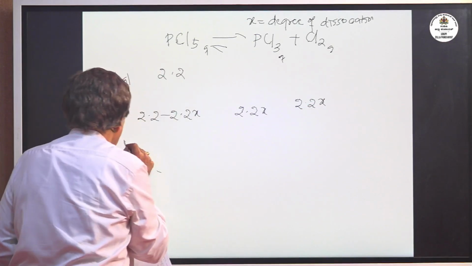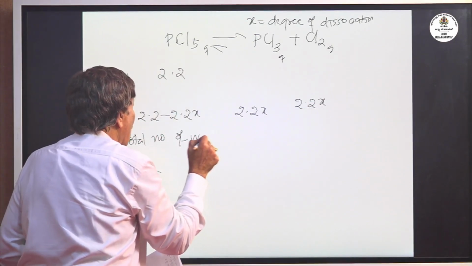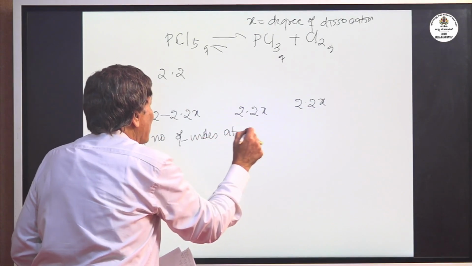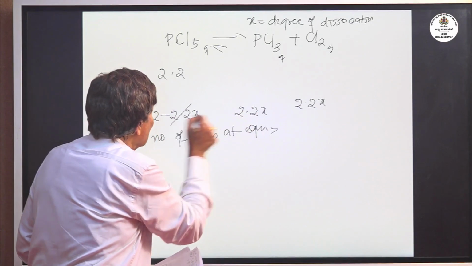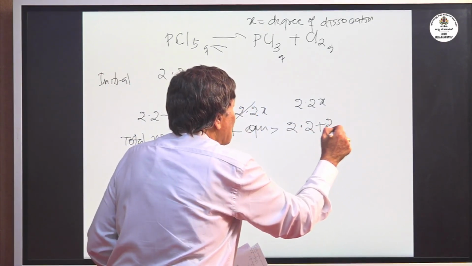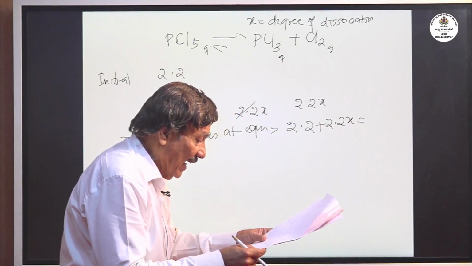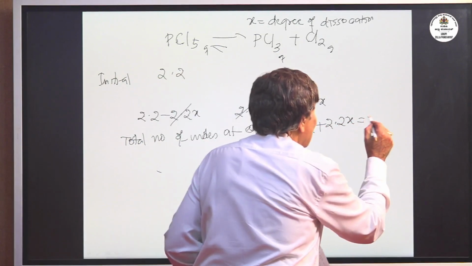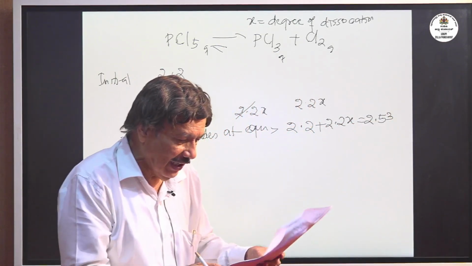Then let me write total number of moles at equilibrium. You have to add all this. If you add, 1 goes. So it will be 2.2 plus 2.2X. Right? This they have given as 2.53.